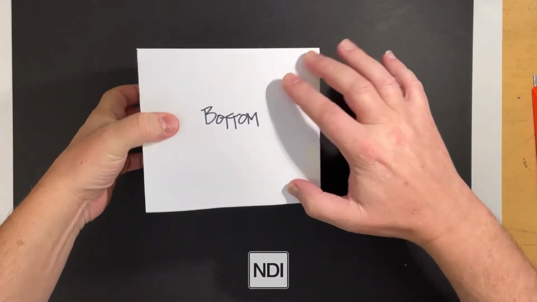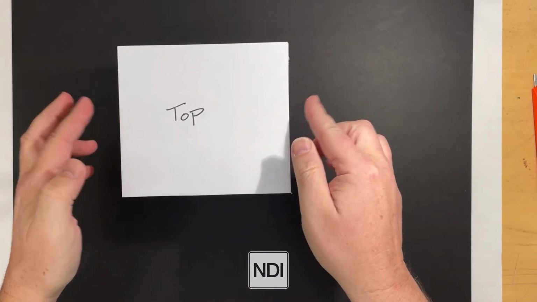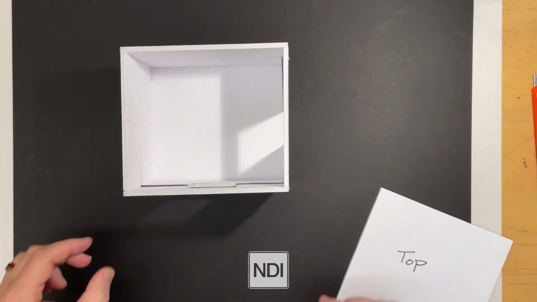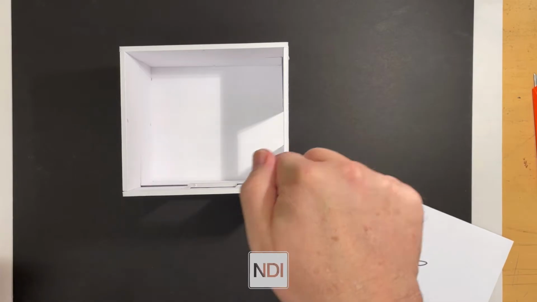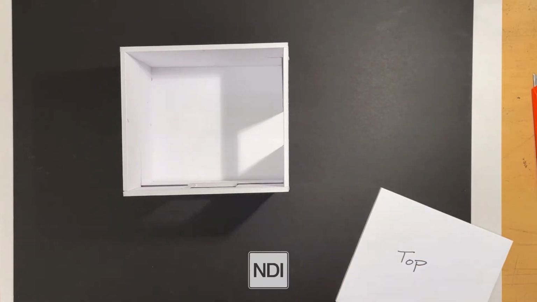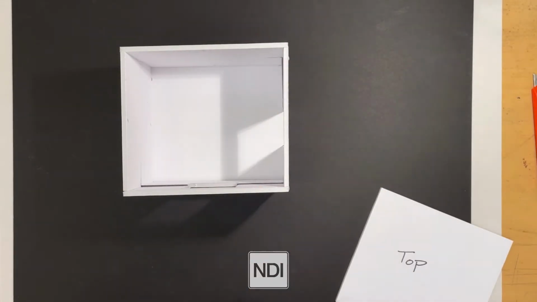So you might ask yourself, well, why don't you just turn it over and remove the top? All right, well, there we go. Because this is in perspective, you can see the door and the window, but assuming you're looking straight down on top of this, you still would not be able to see the door or the window. All you would see is the top of the walls.